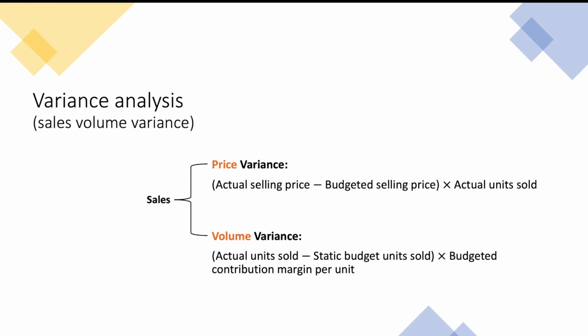Because it's volume, it's talking about units: actual units sold minus static budget units sold, multiplied by budgeted contribution margin per unit.